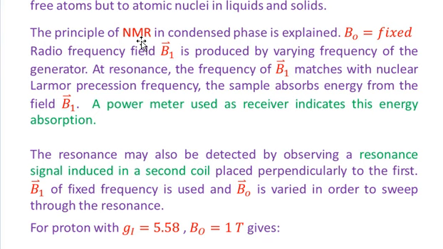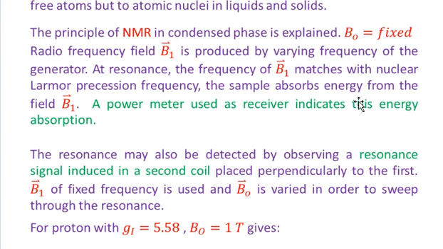The principle of the nuclear magnetic resonance in condensed phase is explained. B naught is fixed, and there is a radio frequency field B1. The radio frequency field B1 is produced by varying the frequency of the generator. At resonance, the frequency of B1 matches with the nuclear Larmor precession frequency.